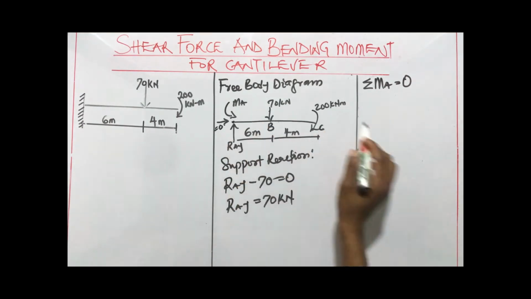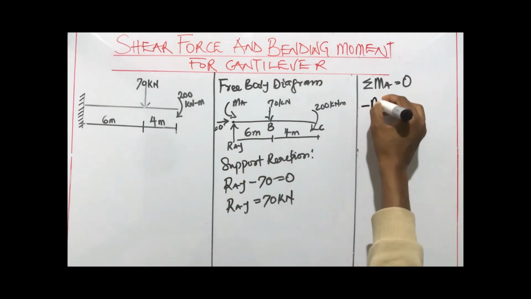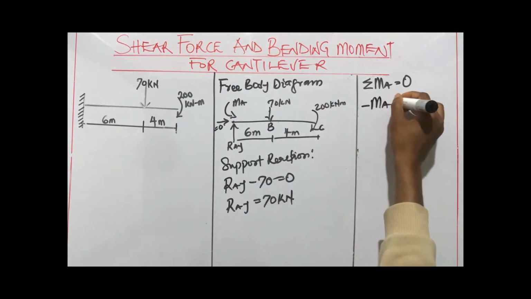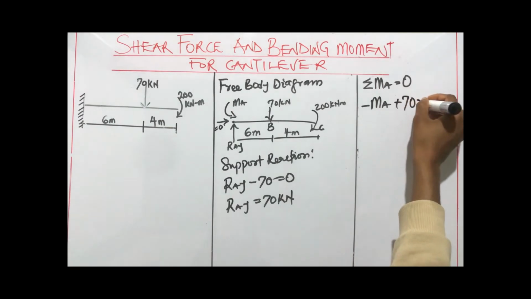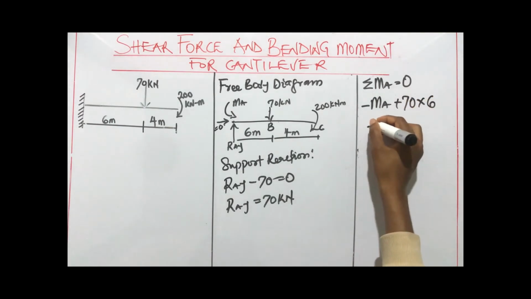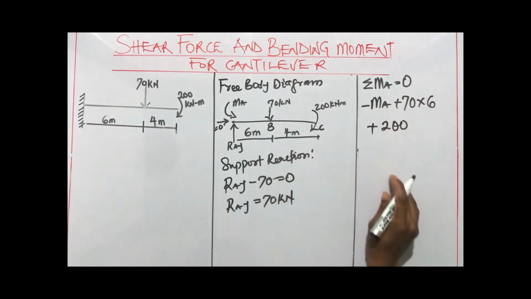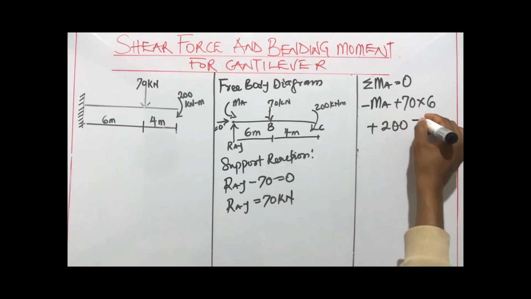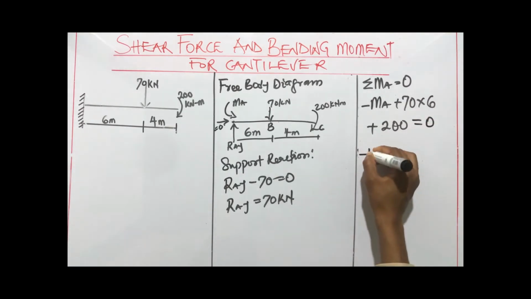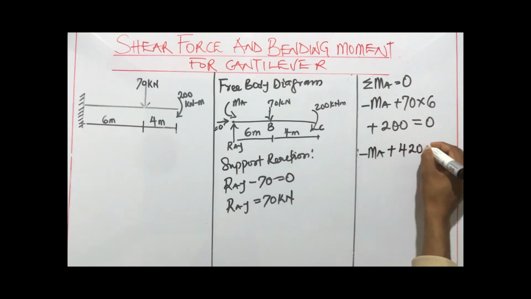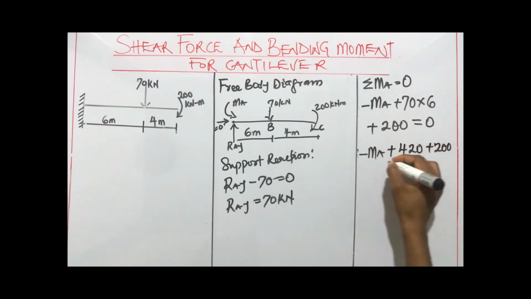Taking moment about point A, we would have a minus MA, because obviously it's an anti-clockwise moment, plus 70 times the distance, which is 6, plus 200. 200 is a moment already, so you don't need to multiply by any distance. So equal to 0. We have minus MA plus 420 plus 200 is equal to 0.